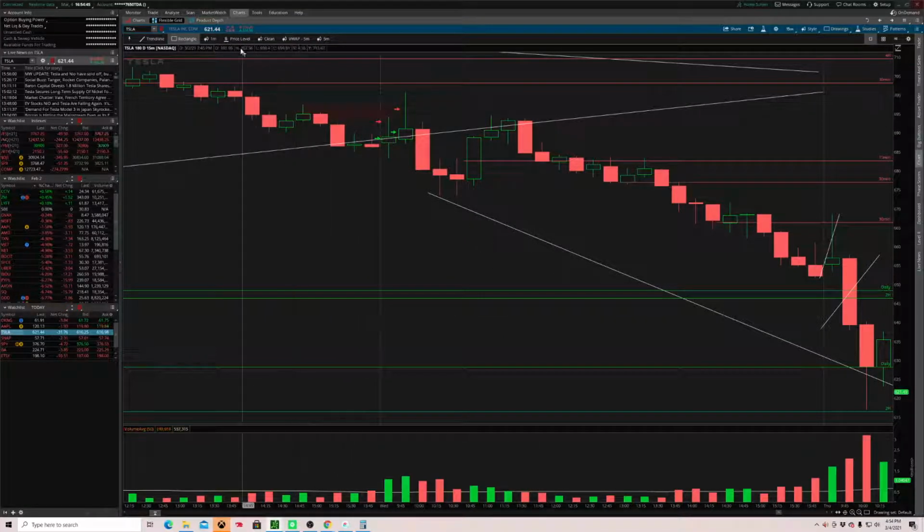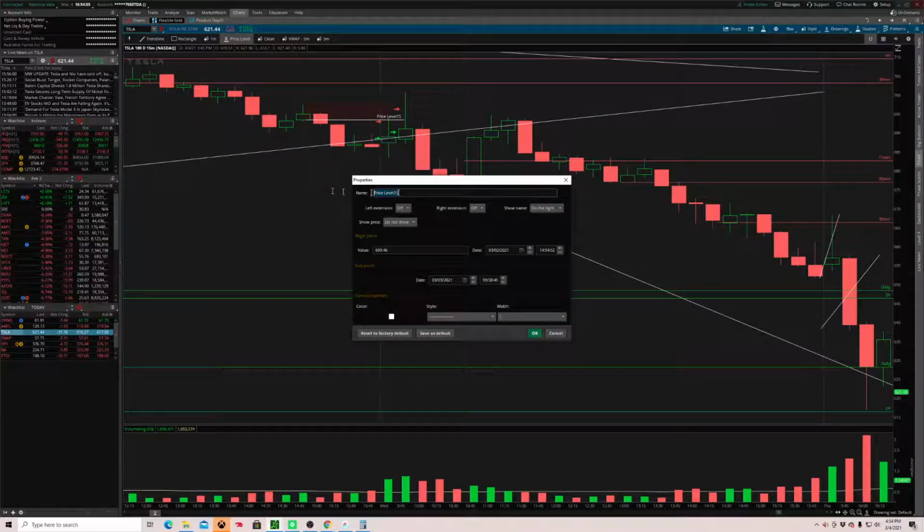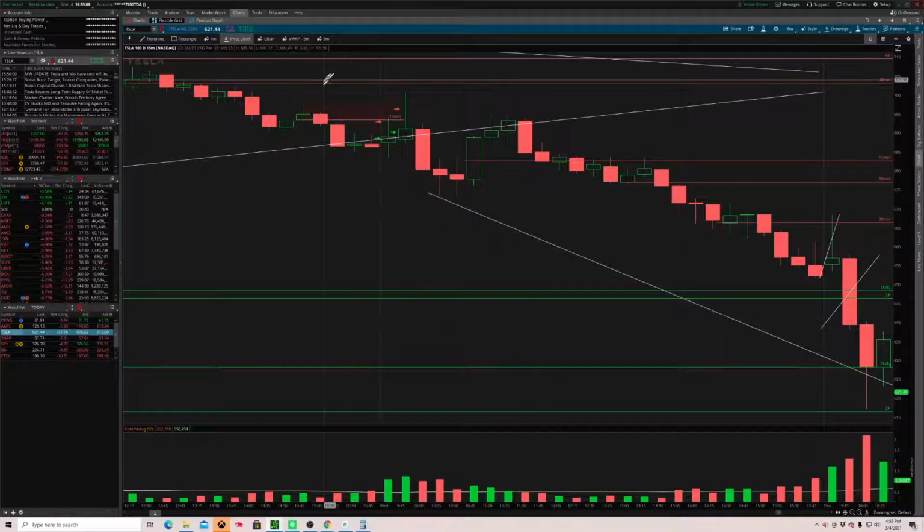But the point is that if we had plotted this just like this, because it is a valid 15-minute supply zone. And just delete, oh, come on. My mouse is beginning to play up. Let's make this red. All right, so as you can see, price is coming here, and then it came to this other zone.